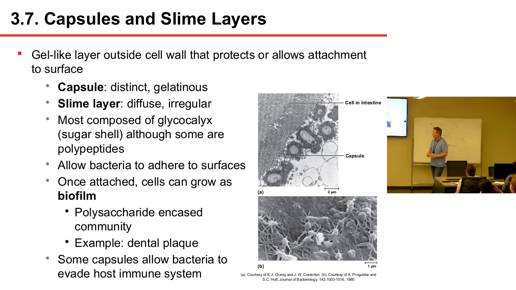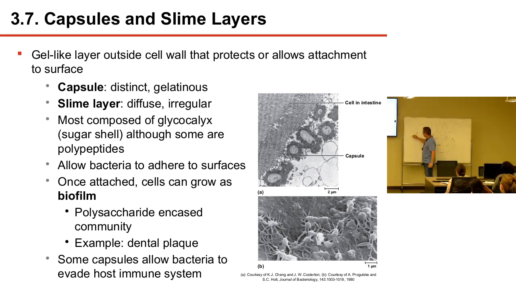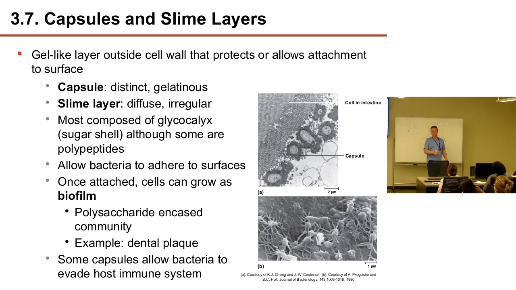Catheters, same way. So if you have, let's just use a catheter idea, so it's usually like a tube, right? A couple bacteria get in there. What happens is that they actually can attach to the plastic. And what they'll do is they'll start forming a biofilm over the top.